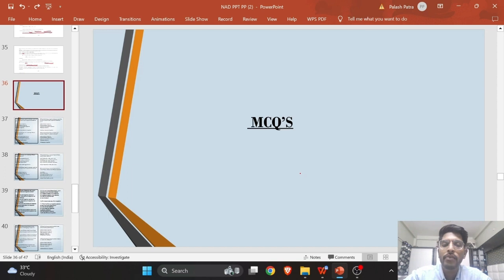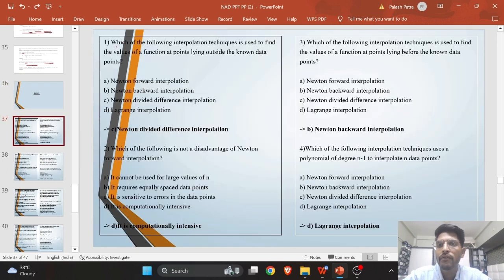So now let's solve multiple choice questions based on the topic of interpolation and numerical integration. The first question is, which of the following interpolation techniques is used to find the value of a function at a point lying outside the known data points? As we know, the Newton forward gives the value of the function near the starting value, and the Newton backward gives the value near the end.